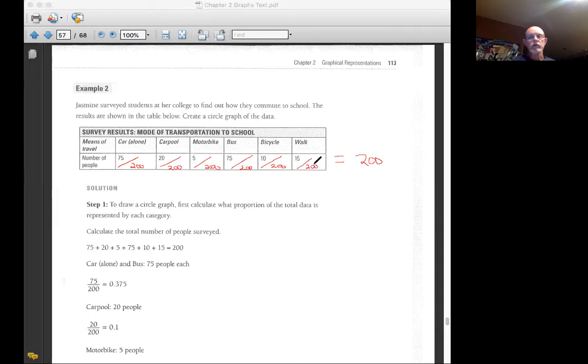Now, when you do that, that's going to give you the decimal equivalent, which is really helpful, because you're going to use that to calculate the degrees.